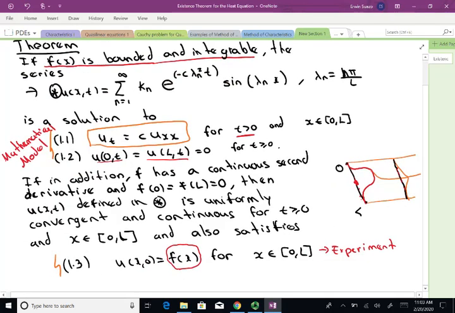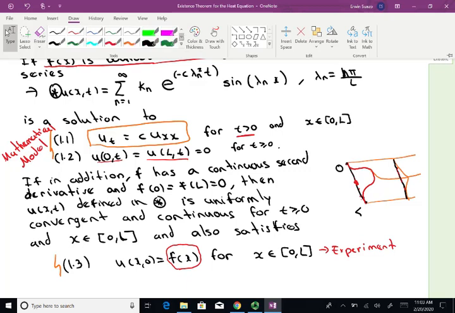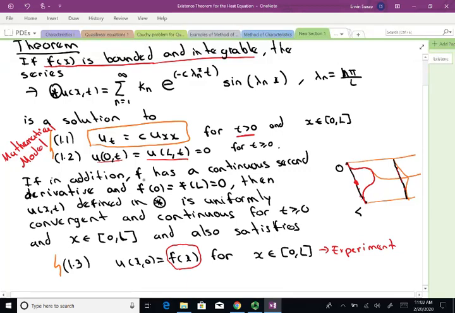But there is more. If in addition f of x has a continuous derivative, has a continuous second derivative, and f of 0 equals f of l.